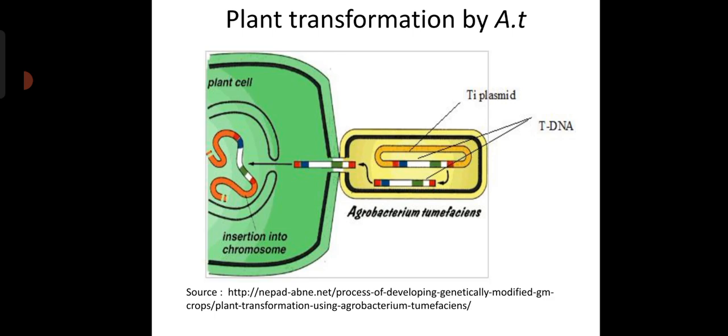On the Ti plasmid, there are two kinds of genetic material which are important. The first essential component is tDNA. This has about 25 base pairs of conserved genetic material, with imperfect repeats at the ends, and these are called the border sequences.